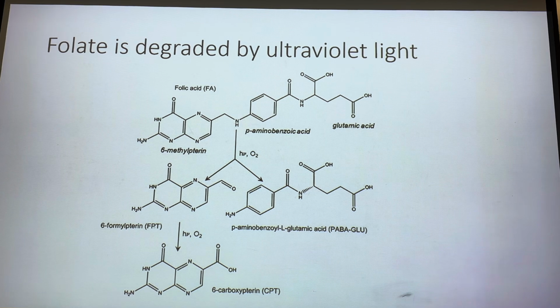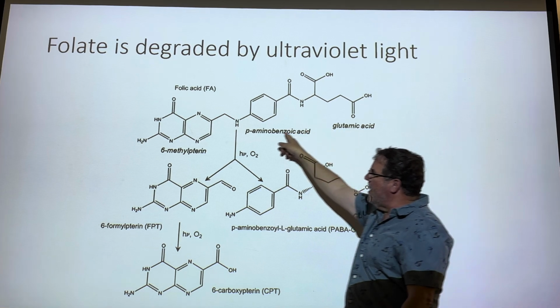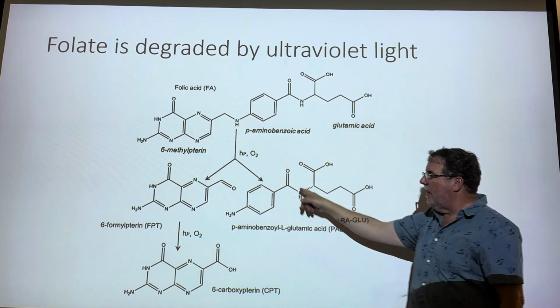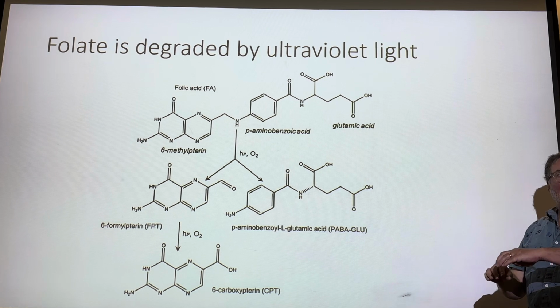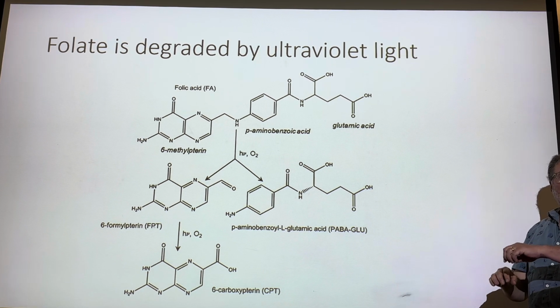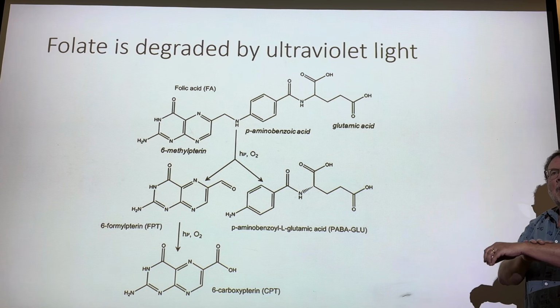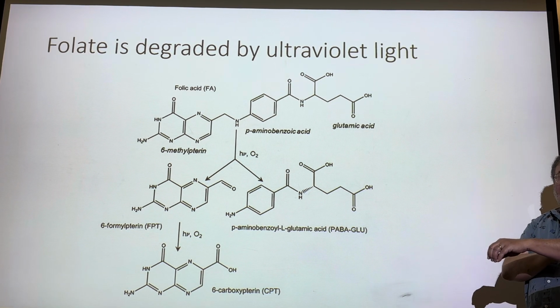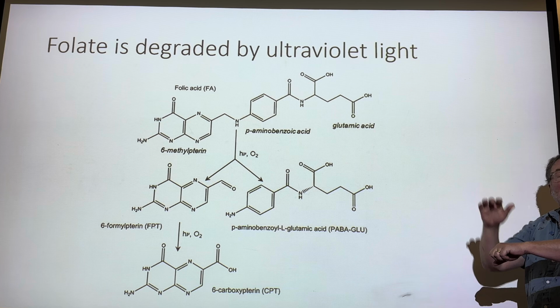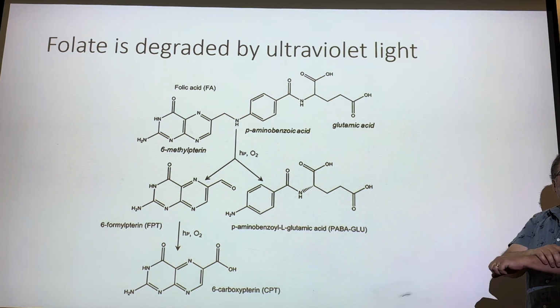Folate is degraded by ultraviolet light. So if you have folate here and you expose it to ultraviolet light, it'll break down. Thus, if you're now a hairless primate in equatorial Africa where there's high solar flux, and in addition, you have a lot of blood flow to the surface of the skin to aid in cooling, the problem is that blood can be exposed to the UV light, and then it can break down the folates.